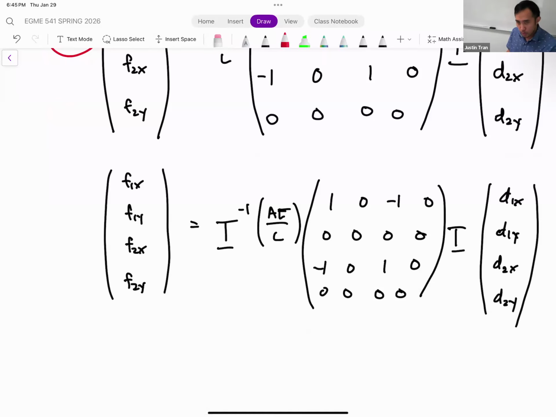All right, so we've accomplished our goal. Everything here is in terms of the stationary coordinates now.